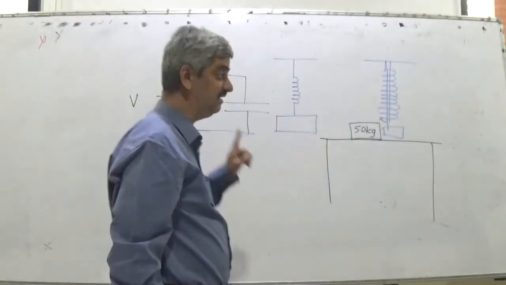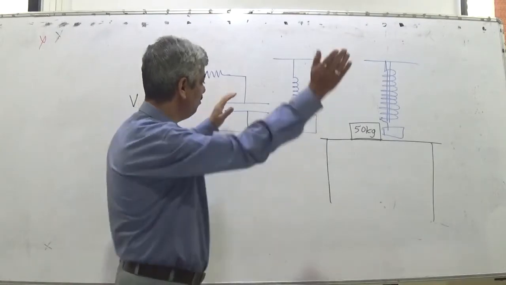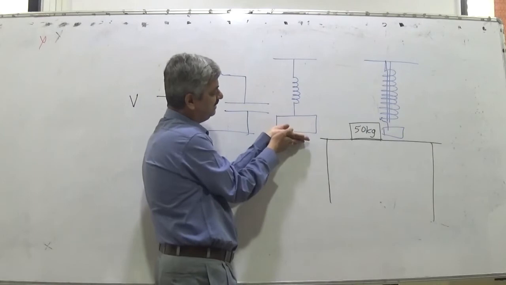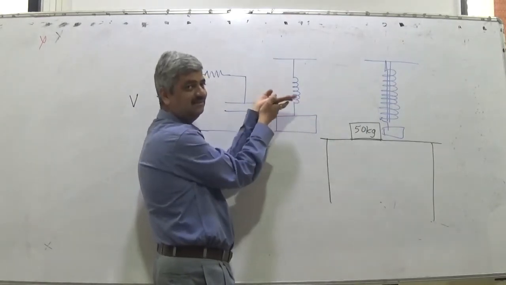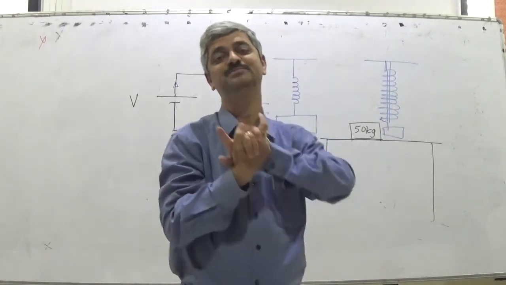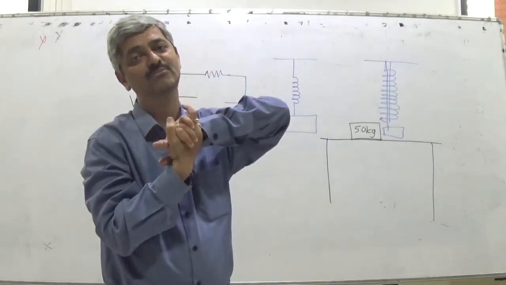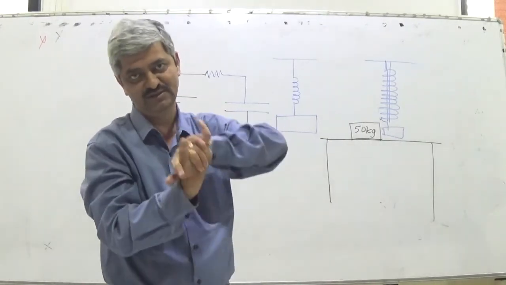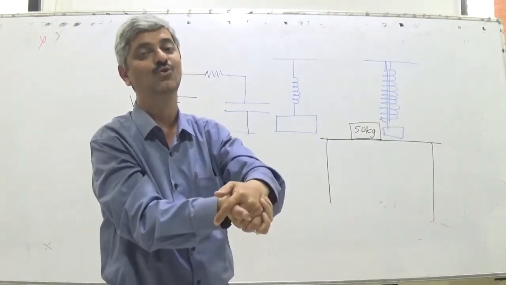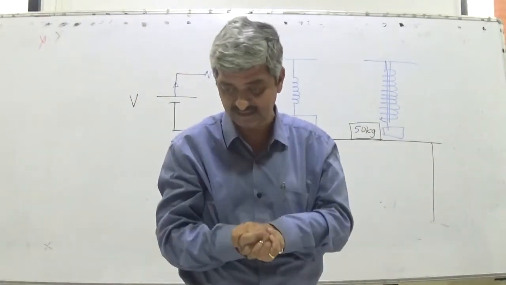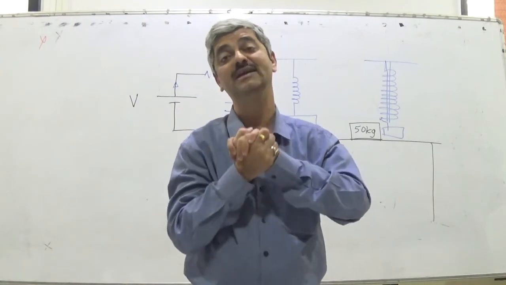But when current is used to charge the capacitor, or when you move something resulting in compression of a spring, there it is an unnatural state. So it will try to come to the natural state, and in that process it will release energy again. So energy is stored in a capacitor in the form of an electric field.